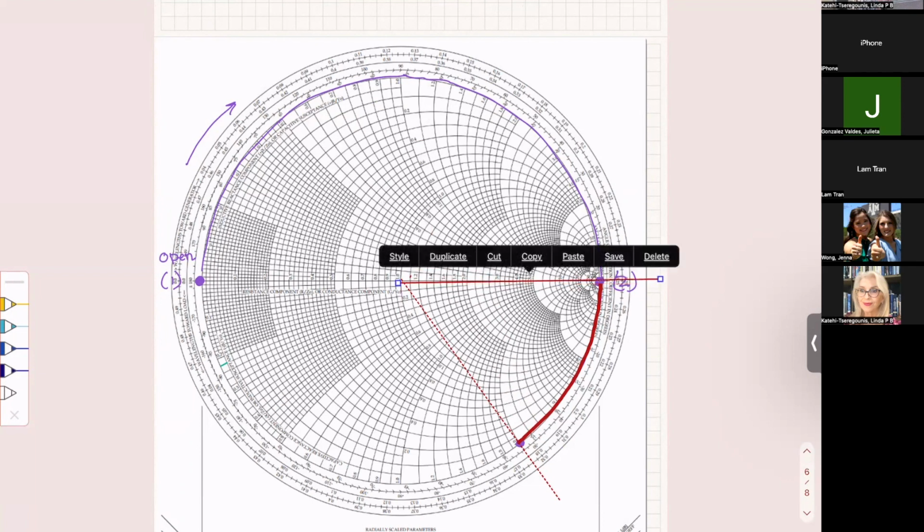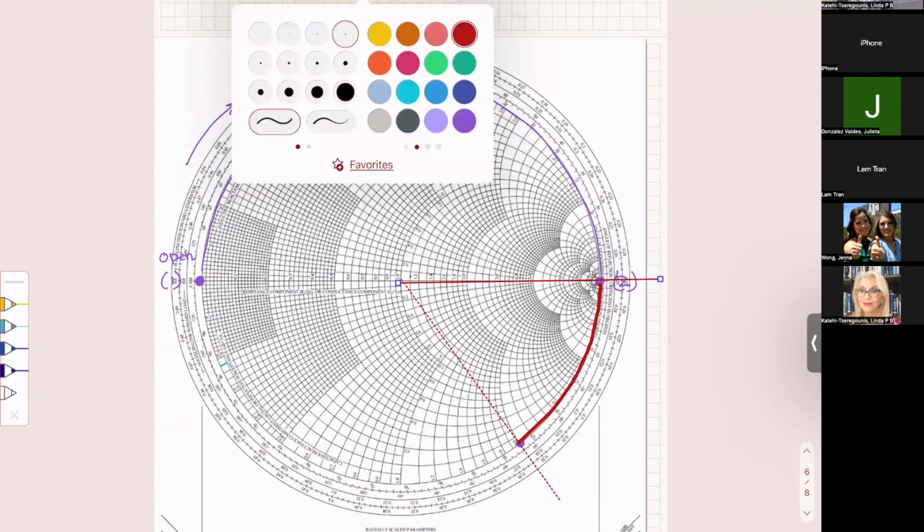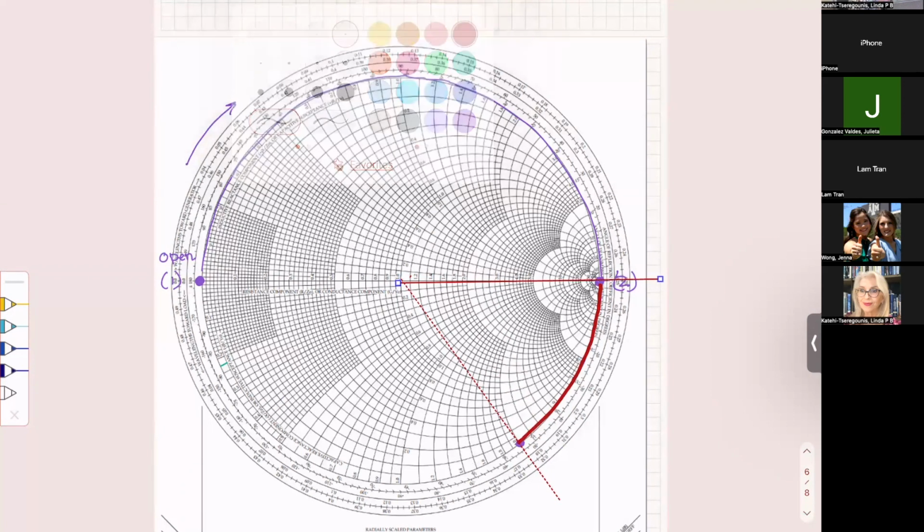Okay, that's 0.25 lambda there, and this here is 0.324 lambda.